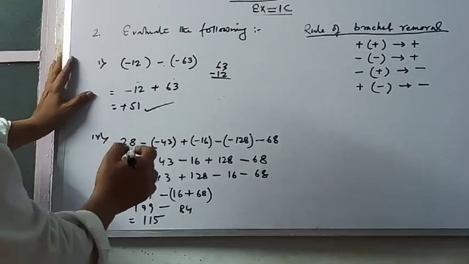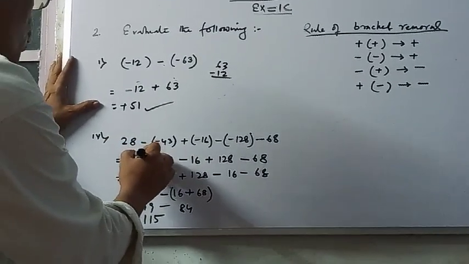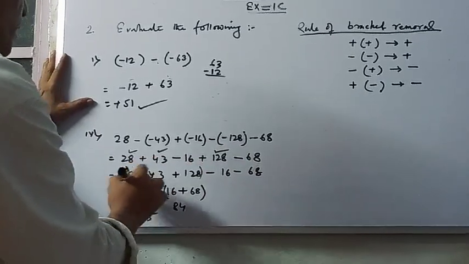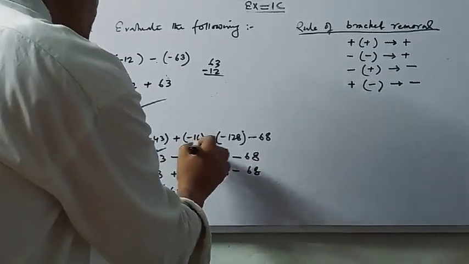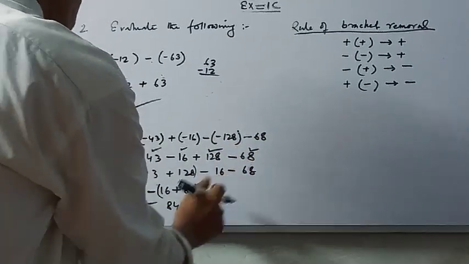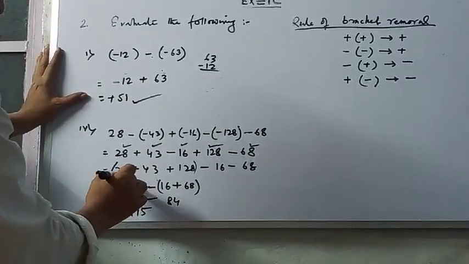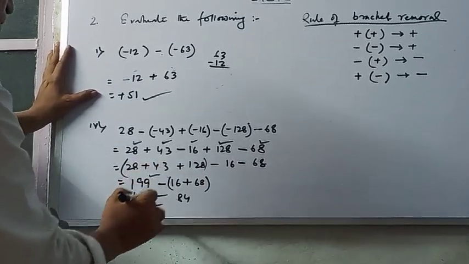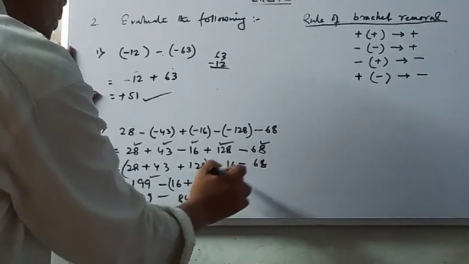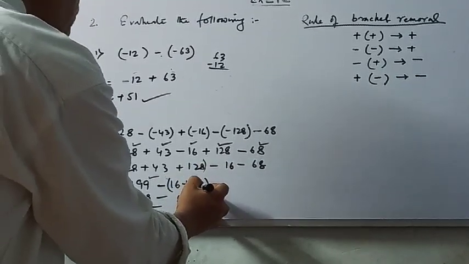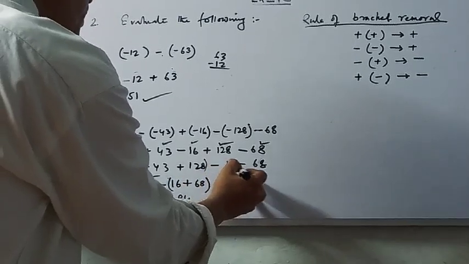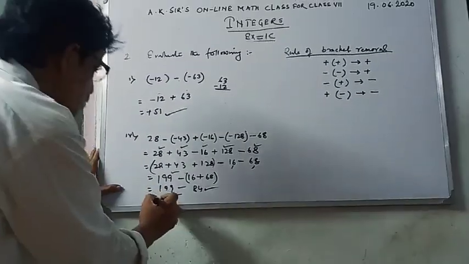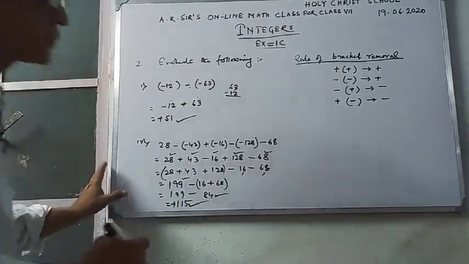Now group all the positive integers, 28, 43, 128, and group the negative integers, minus 16 minus 68. 28 plus 43 plus 128 equals 199. Add the two negatives: minus 16 minus 68 equals minus 84. 199 minus 84 equals plus 115. Okay, it is the answer.